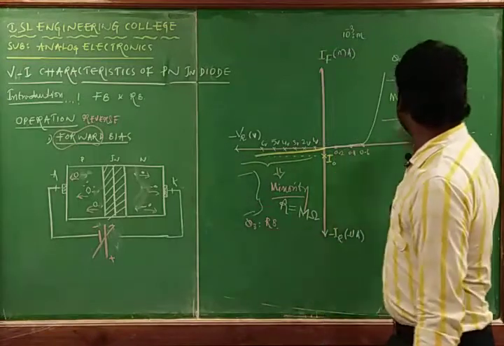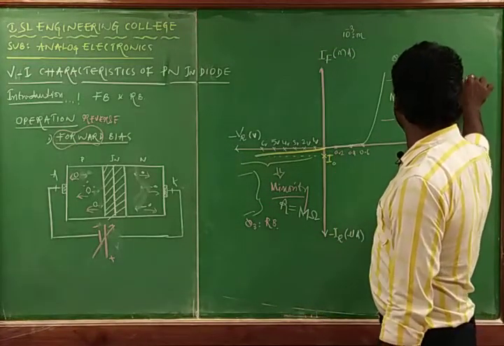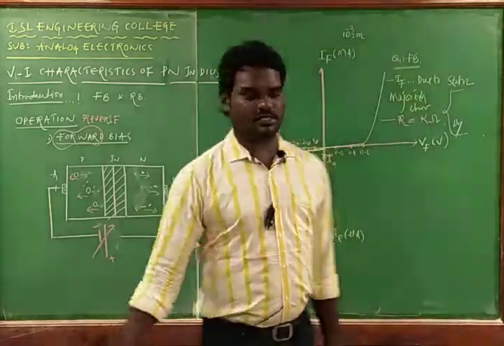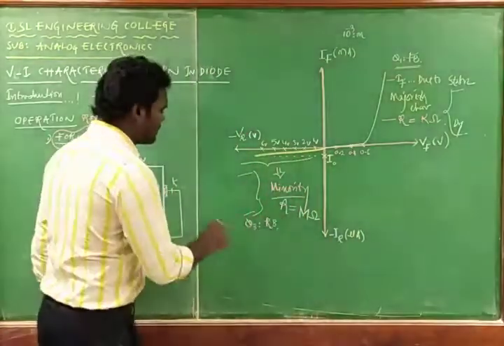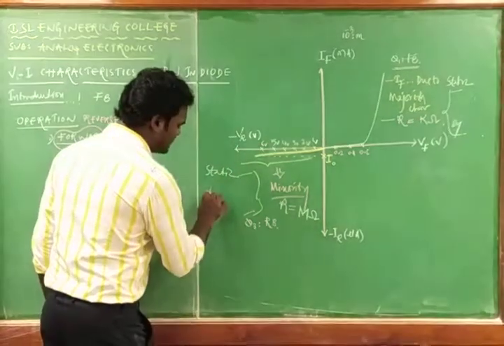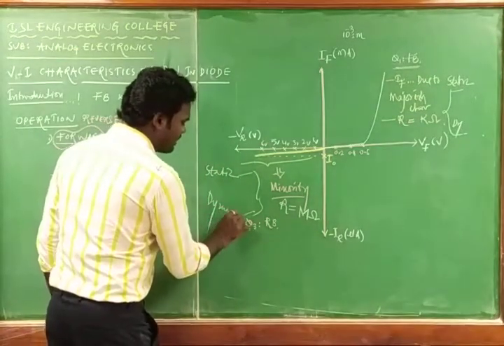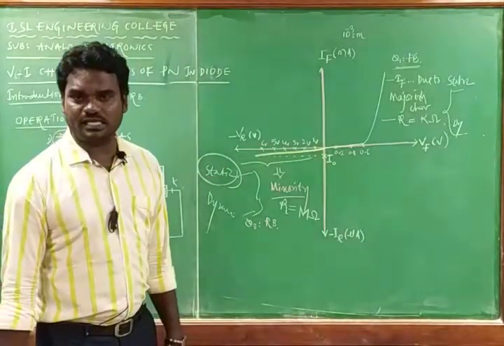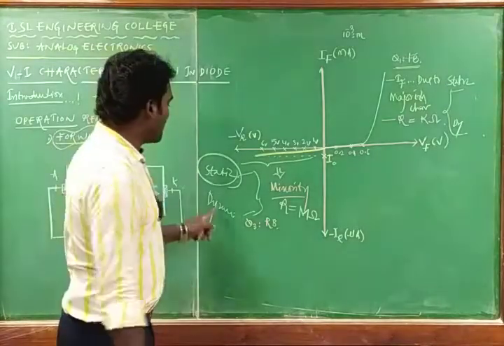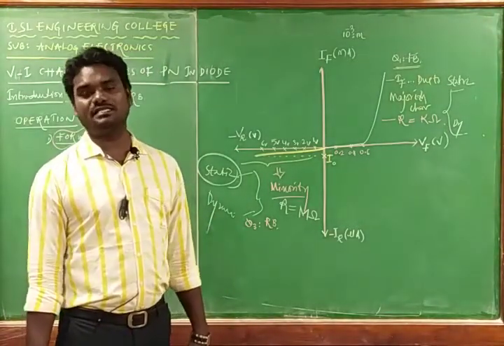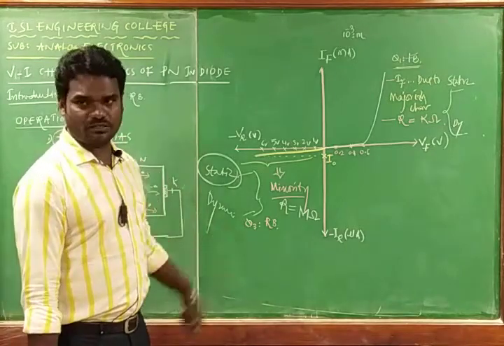The first resistance is named static resistance, and the next is named dynamic resistance. Static resistance is also named DC resistance or fixed resistance, whereas dynamic resistance is also named AC resistance, and it is a variable resistance or approximate resistance.